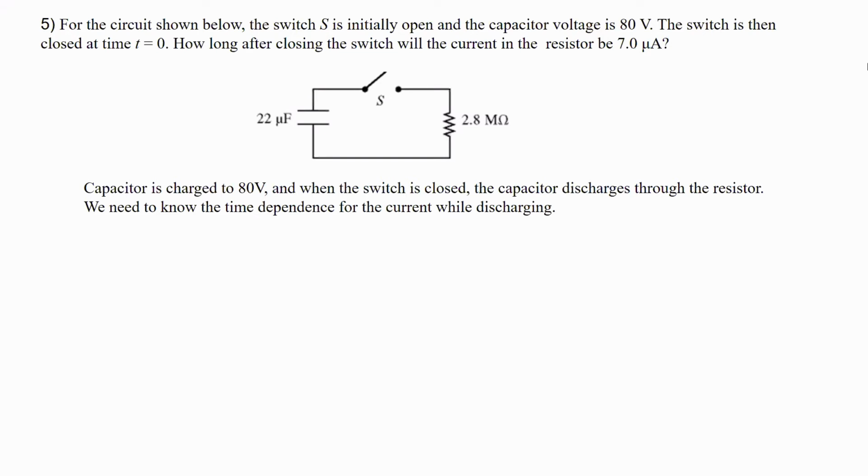As I just stated, the capacitor is charged to 80 volts, and when the switch is closed, the capacitor discharges through the resistor. So what we need to know is the time dependence for the current while discharging. I think we know this. In fact, I think this is an equation in your reference sheet or something close.